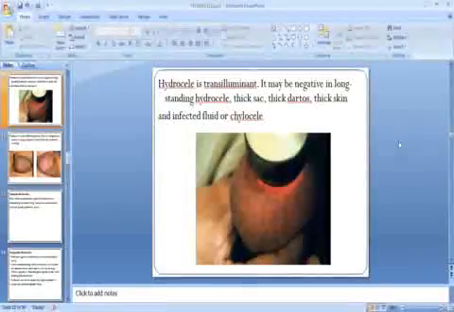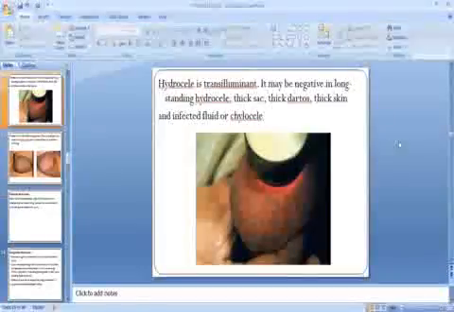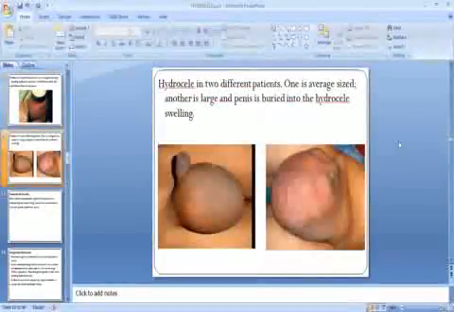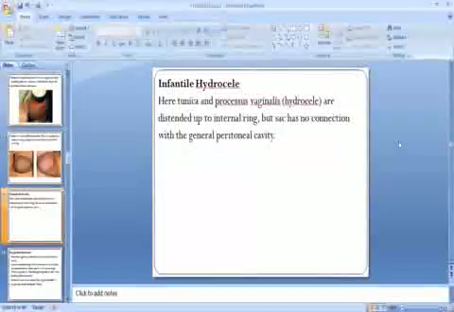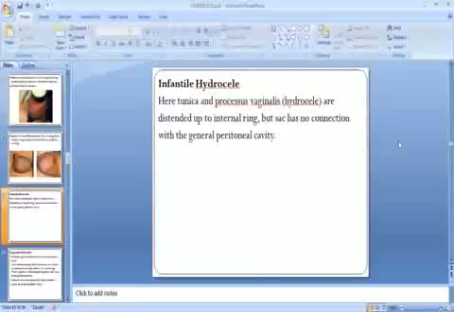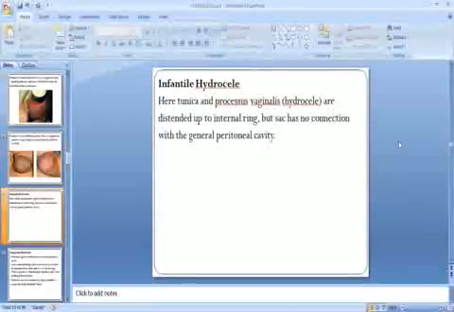Hydrocele presents in two different ways: one is average size, large, and the other is called encysted hydrocele, which can occur internally.